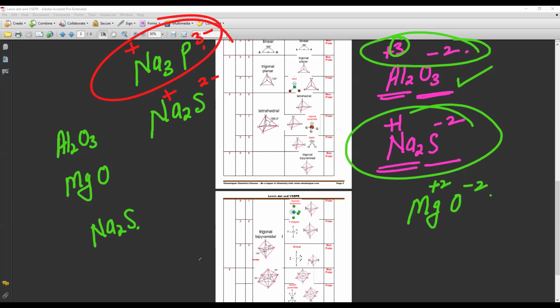We just look at the amount of charges. More plus, more minus, stronger attraction. Stronger attraction, stronger lattice. Stronger lattice, more difficult to break. More difficult to break, higher melting point, boiling point, all these things.